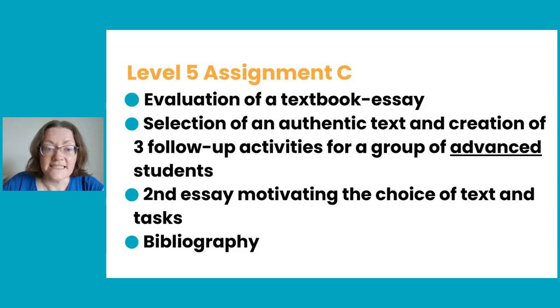There is a section on selecting an authentic text and the creation of 3 follow-up activities for a group of advanced students. Thirdly, there is a second essay motivating the choice of text and tasks. And then, as always, finally, you will end with a bibliography. So there will be 4 sections in total in this assignment.